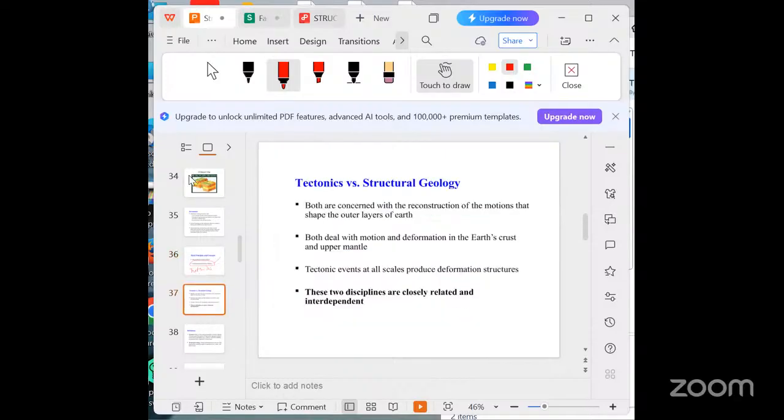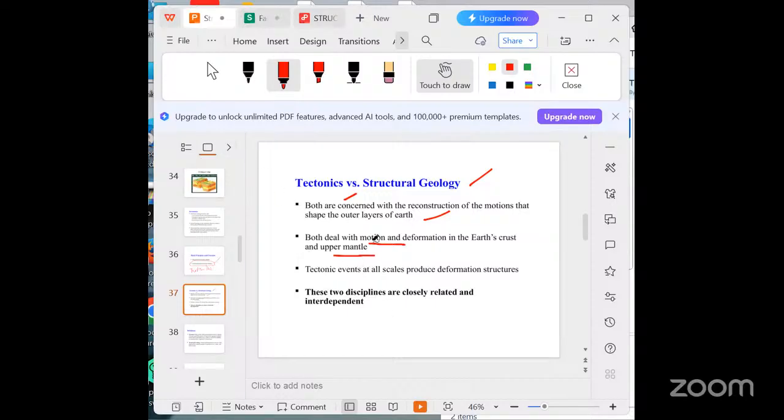So now, tectonics versus structural geology. Both are concerned with the reconstruction of the motions that shape the outer layer of the earth. Tectonics and structural geology deal with the motion and deformation in the earth crust and upper mantle, right?